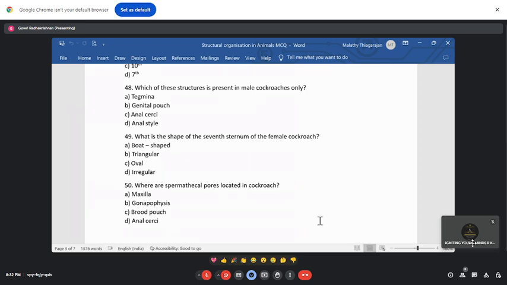That is called anal style. Last option D, that is the correct answer. Anal style is present in the male cockroach only.